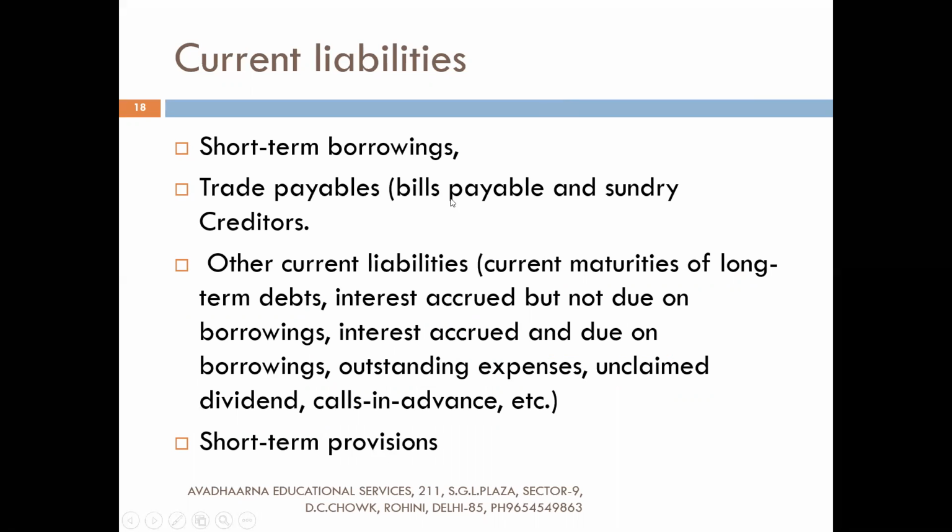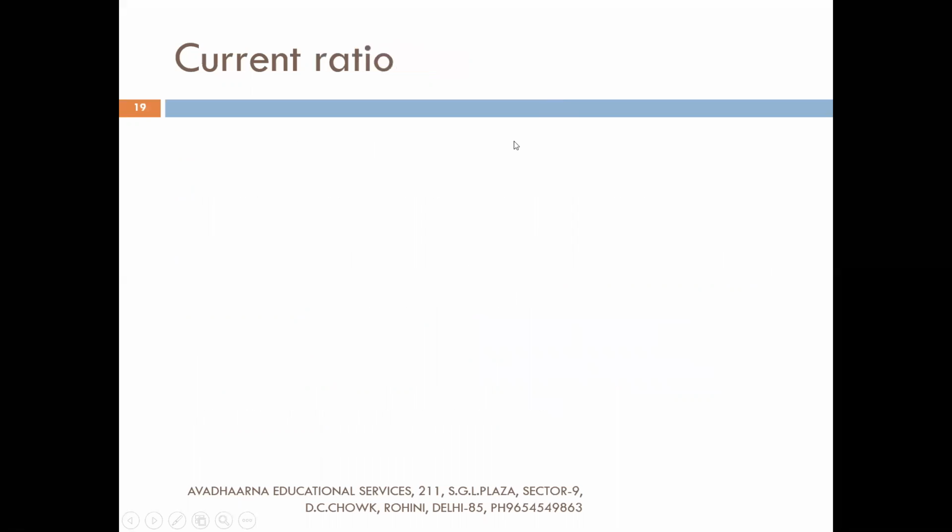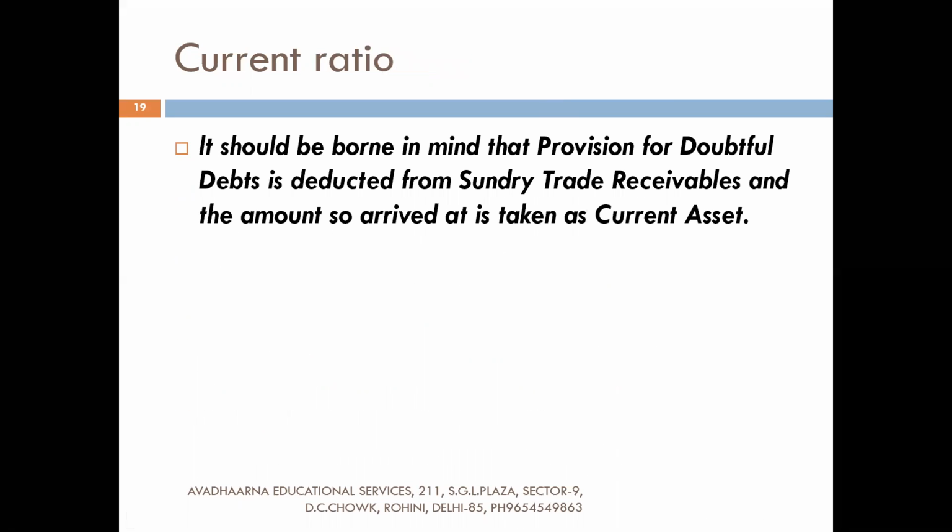So when these current assets are divided by current liabilities, we are going to get the current ratio. It should be borne in mind that provision for doubtful debt is deducted from sundry trade receivable and the amount so arrived at is taken as current assets.